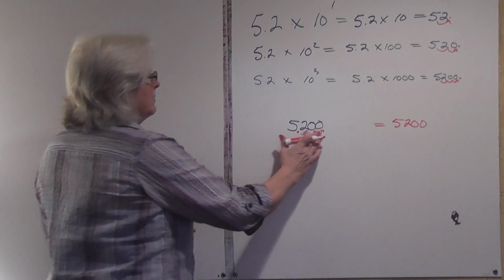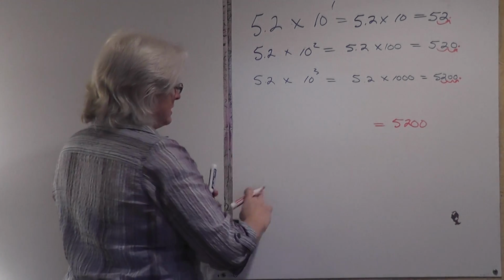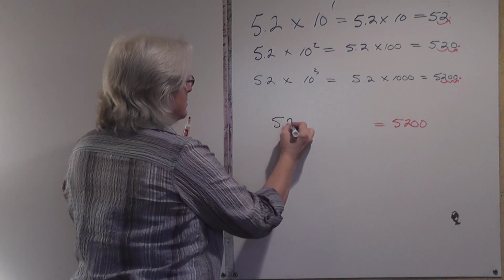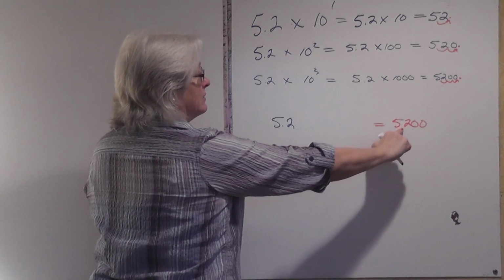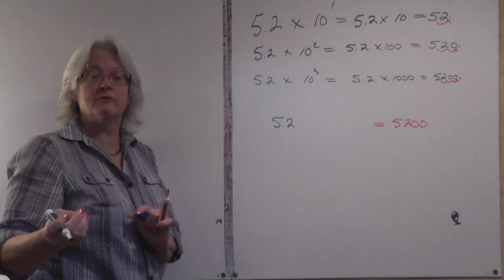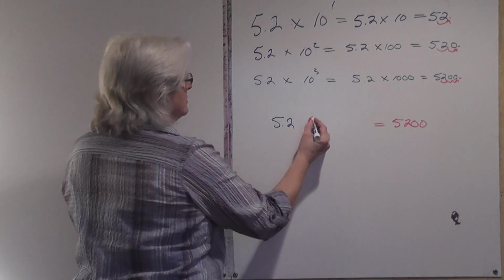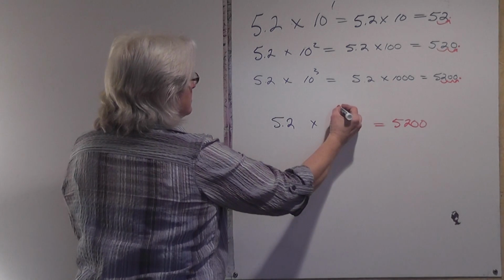So what we would have for the scientific notation then would be 5.2, because we relocated our decimal point. We moved it so that it was between the first two non-zero digits. 5.2 times 10 to the third.